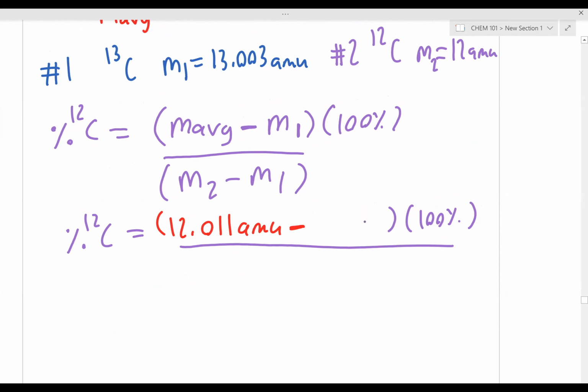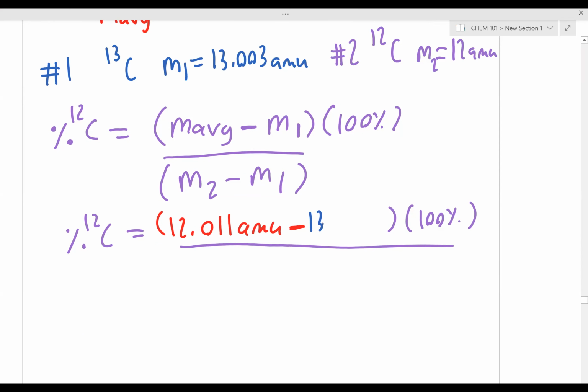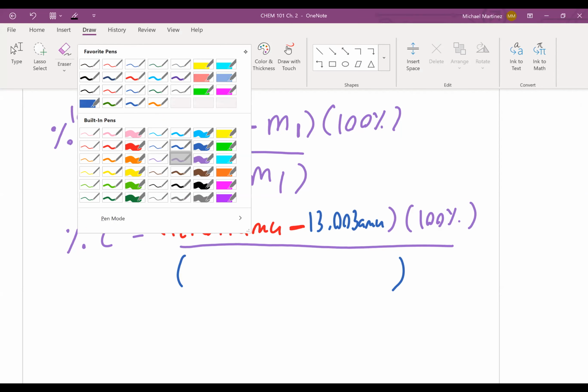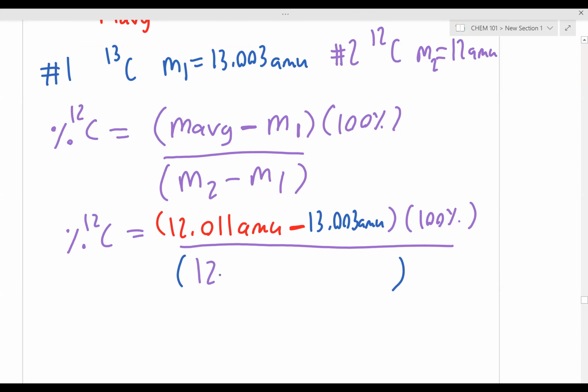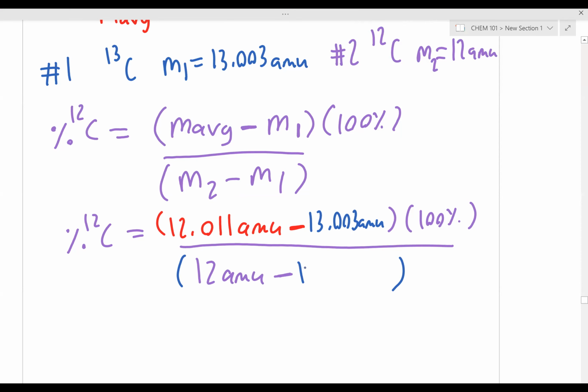We should be subtracting isotope 1, which is carbon 13, which is 13.003 AMU. On the bottom side, we plug in the mass of carbon 12, which is 12 AMU. And then finally, we subtract the mass of isotope 1. What is isotope 1? Carbon 13, which is 13.003 AMU.